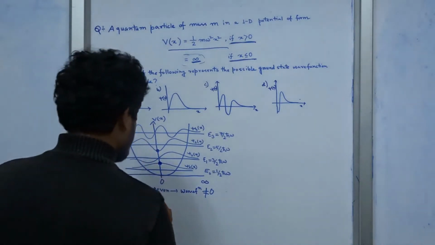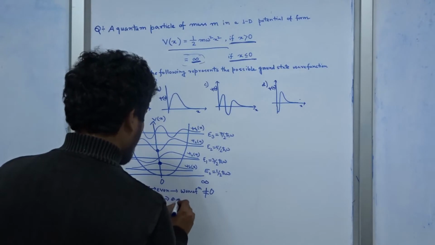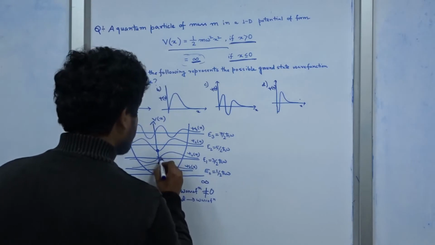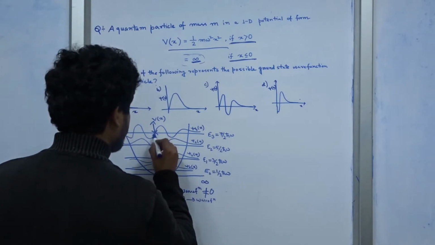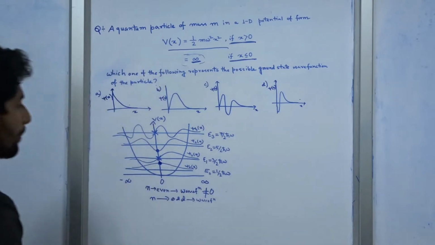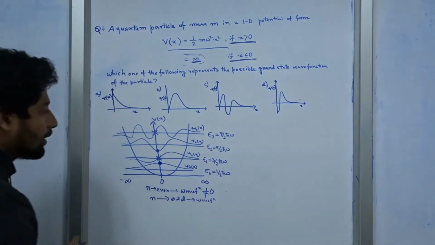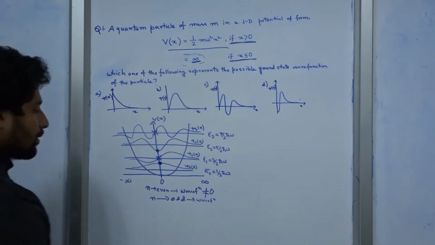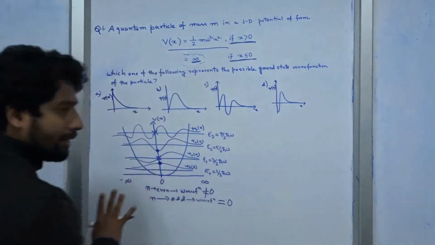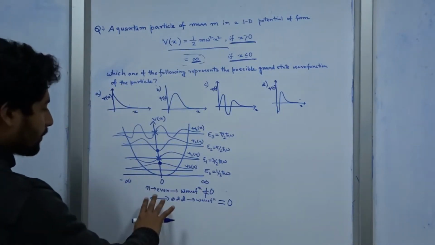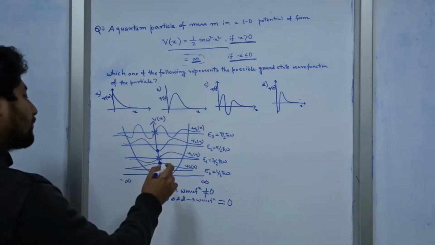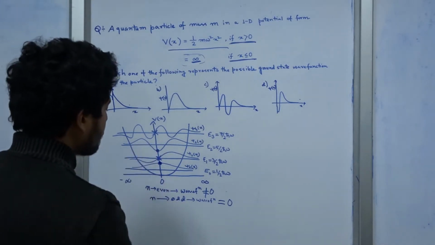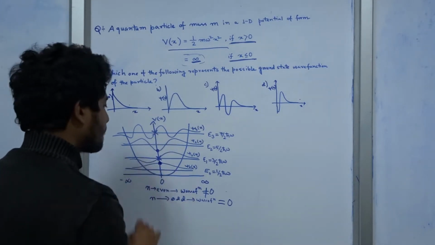But for n odd, the wave function goes to 0 at the center, where x is equal to 0. So this is the point that is useful for this problem. For n equal to 0 or 2 or any even number, the wave function is not going to 0 at the center, but for odd n, the wave function is always going to 0 at the center, x equal to 0.